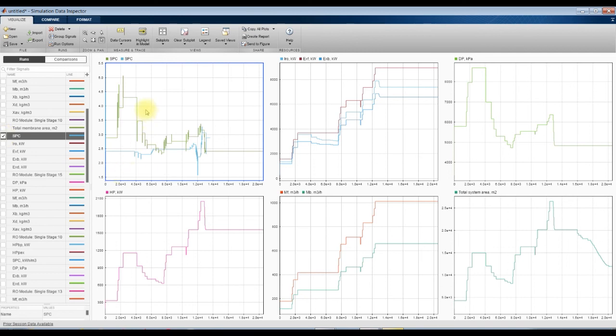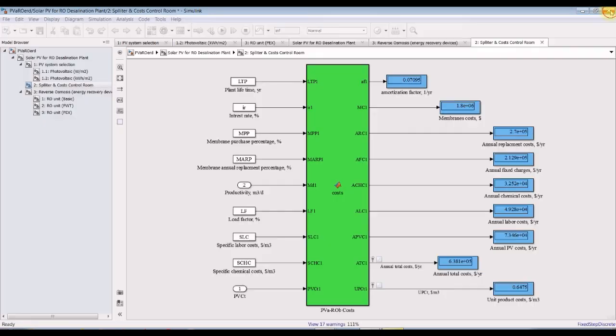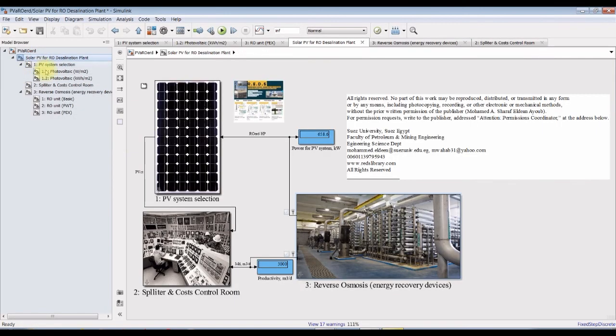Yes, this is one. There's two runs, the old run and the new run. As you can see the difference. Okay, and here exergy. You have many parameters to address. I think it's quite easy to run such a model. The model is simple, quite interesting, durable, and so on.